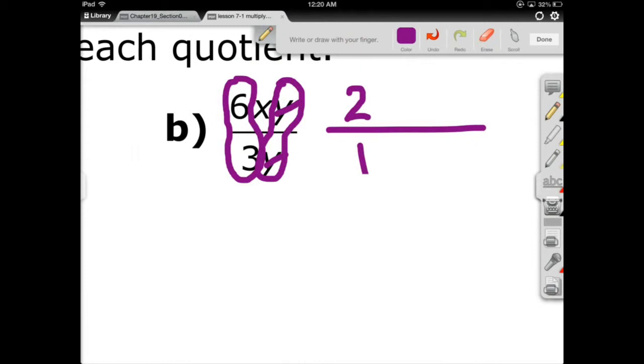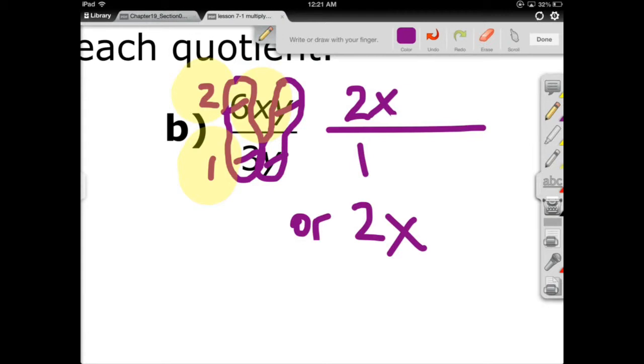That's going to leave me with 2x over 1. Okay, there's a quicker way to write that. 2x. Because you just don't write it over 1. That's kind of understood.